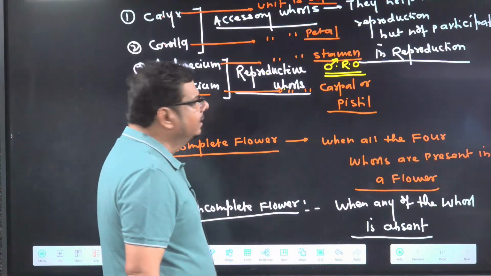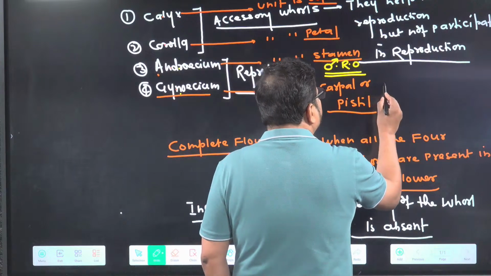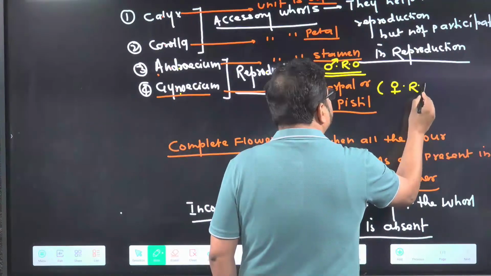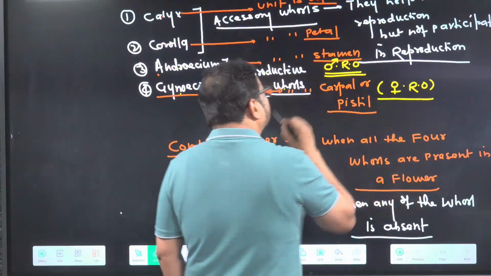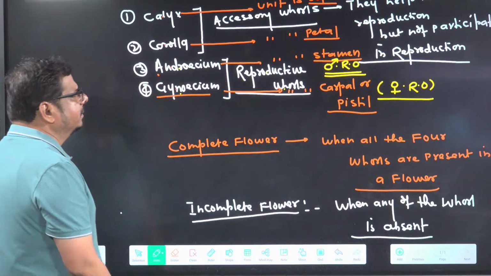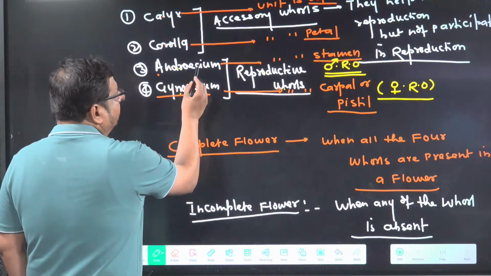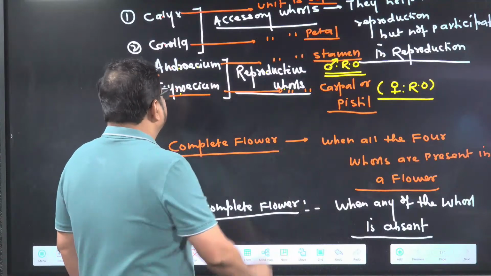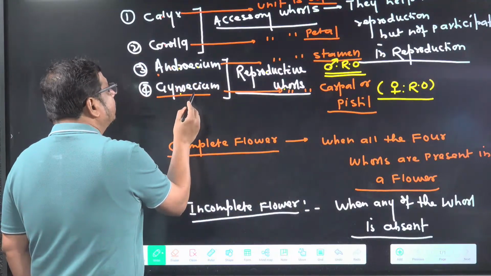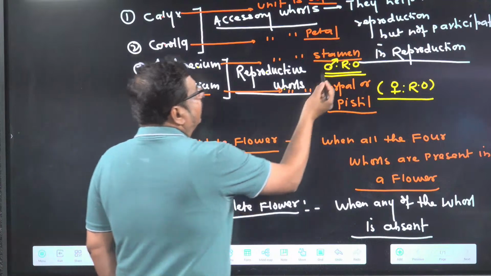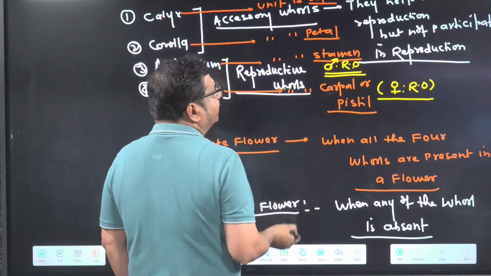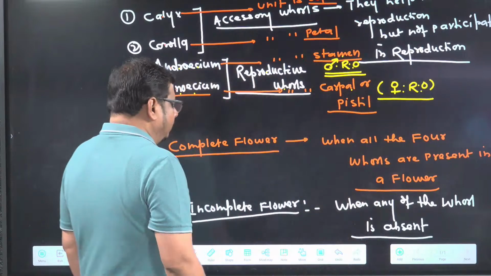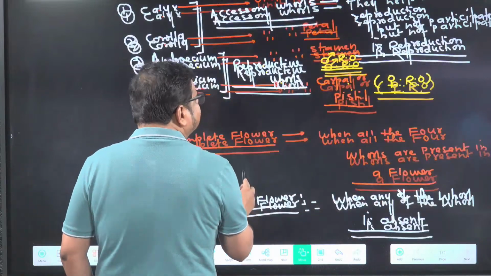Understanding the idea or not? And if you talk about carpel or pistil, it is called the female reproductive organ of the flower. So androecium is the male reproductive whorl and gynoecium is the female reproductive whorl. Stamen is the male reproductive organ, and carpel is which one? Female reproductive organ.